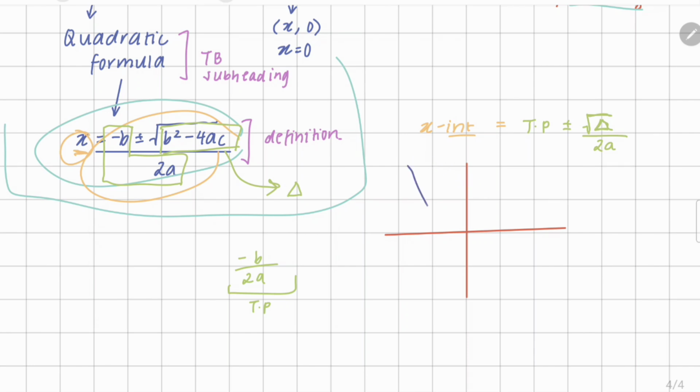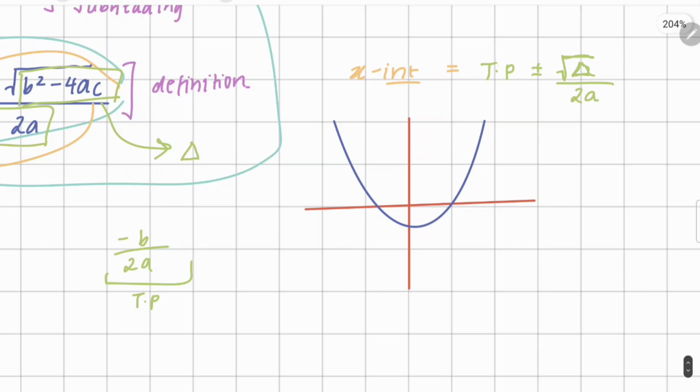When we're solving for the x-intercepts, let's make a connection by drawing the visual graph as well. This is my parabola. X-intercepts would be here. My turning point would be, let's just pretend that it's center here. And then what does plus minus mean? Turning point is here. If I add something to the turning point, I will get there.